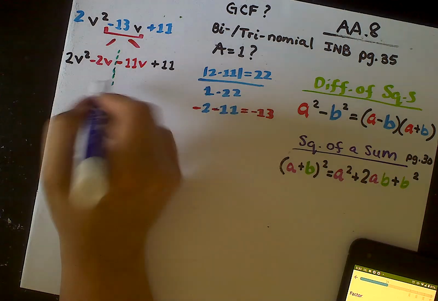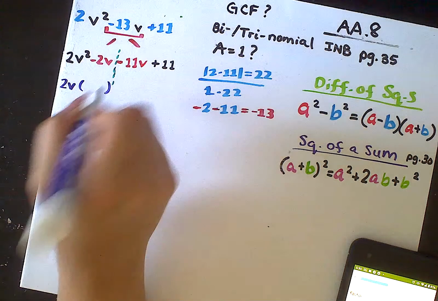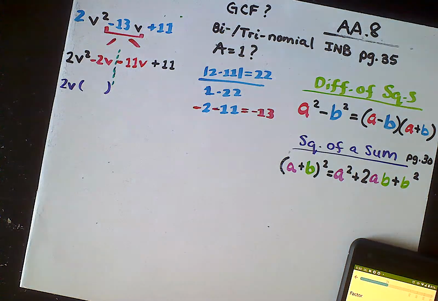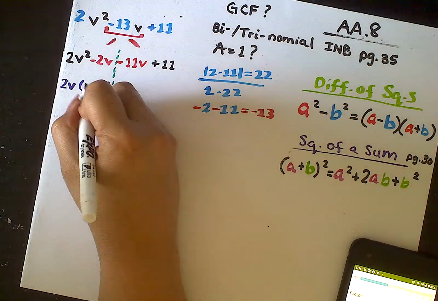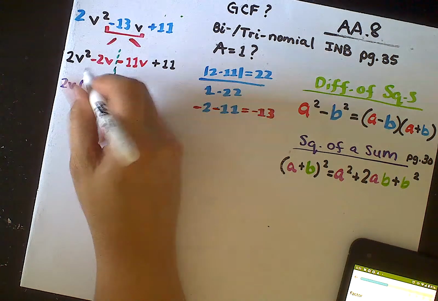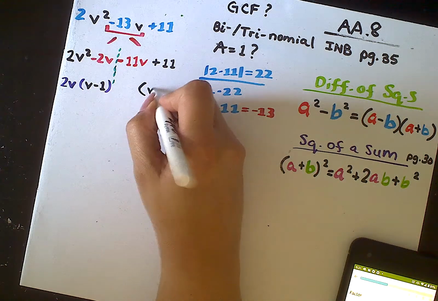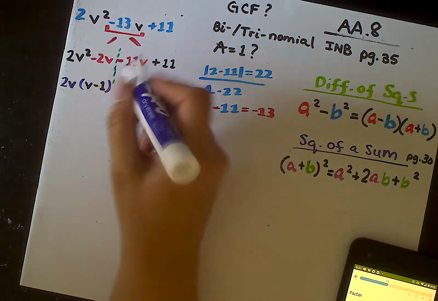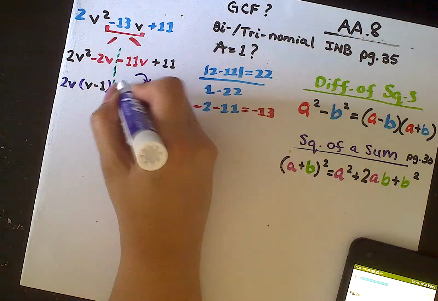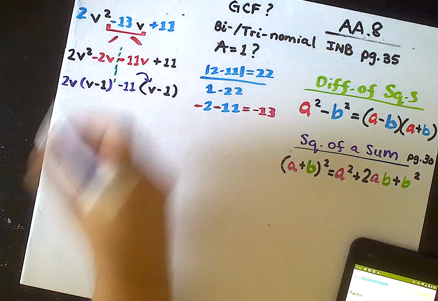So both of these have a 2 and a v in common. So therefore, I can have a v here minus 1. So then v minus 1 over here is just missing my negative 11. Yeah, that would be perfect.